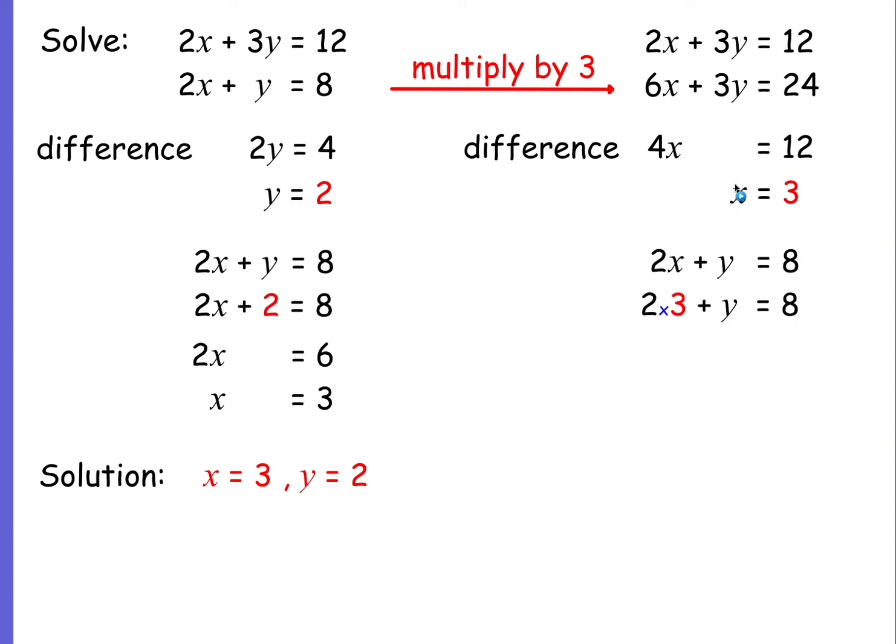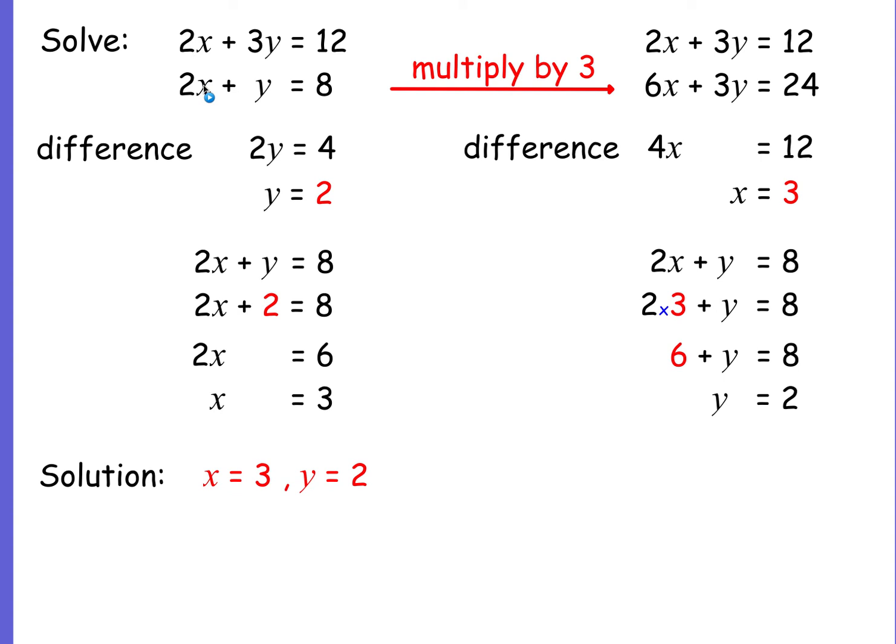And then you put it into one of the first equations. Wouldn't matter which. I could put it into 2x plus y equals 8 because that's an initial equation. 2 threes, add y equals 8. Go on to solve it. y is 2, same solution. So it's just an alternative. Here it eliminated the x's right away because you get 2x and 2x.